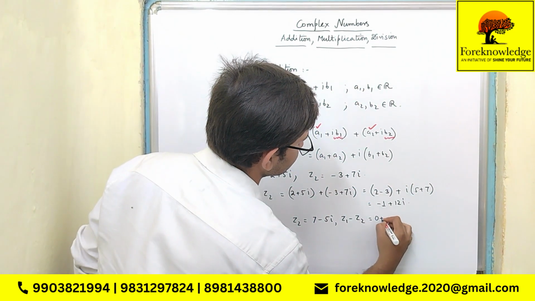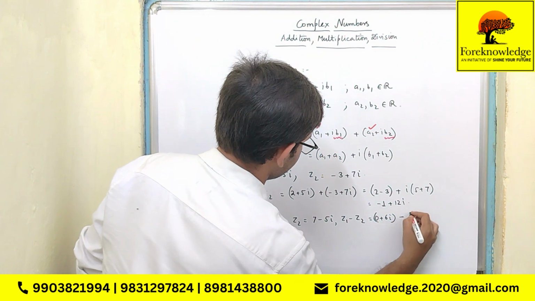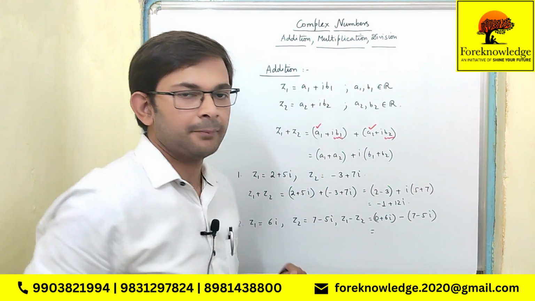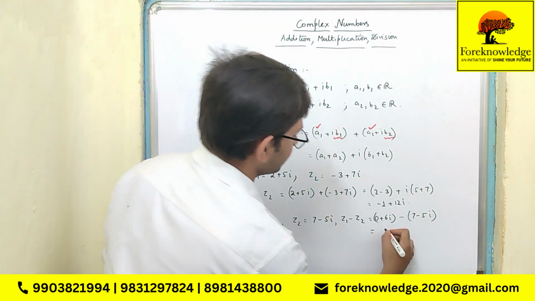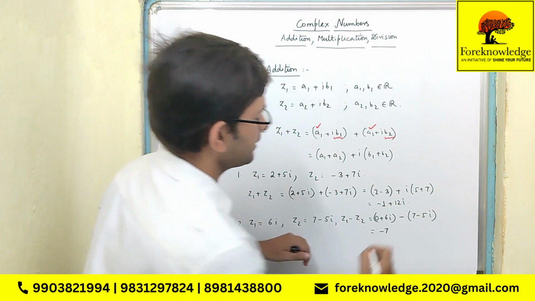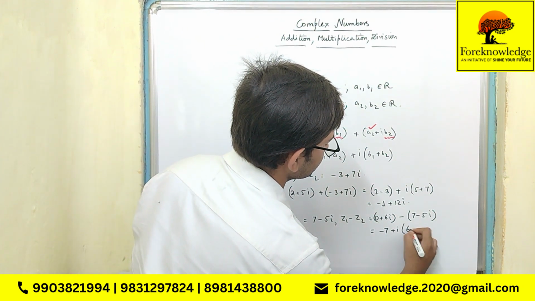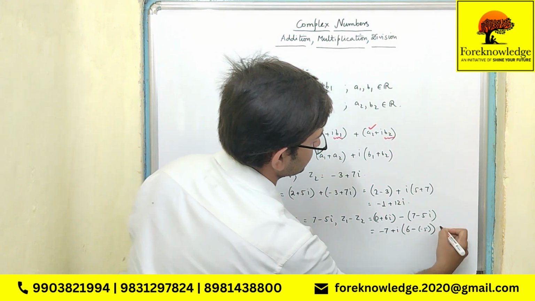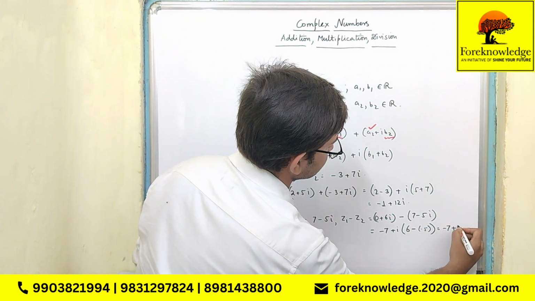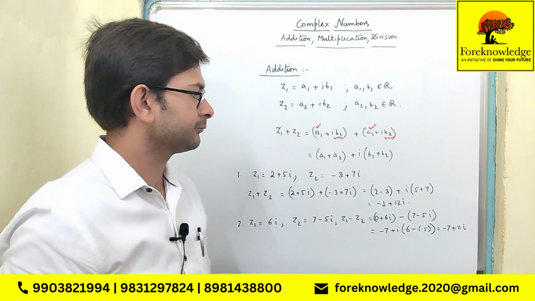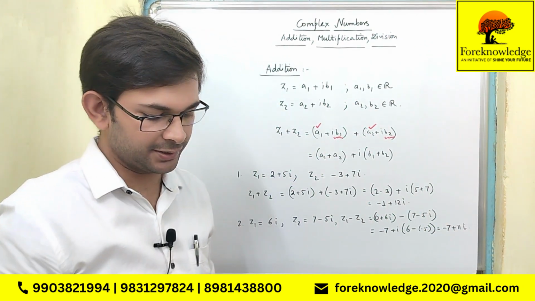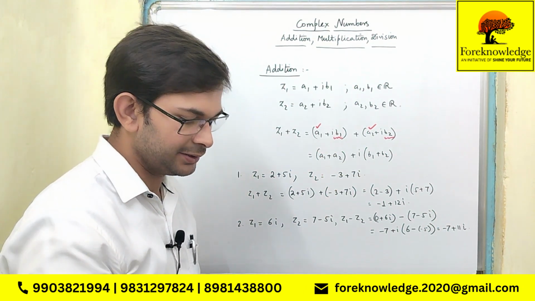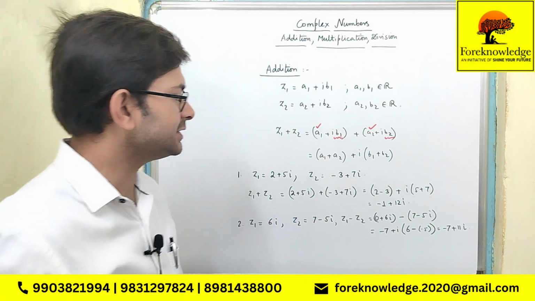So 0 plus 6i minus 7 minus 5i. Component wise subtract: 0 minus 7 is minus 7, plus i times 6 minus of minus 5. That means the answer will be minus 7 plus 11i. As simple as that. That is how we perform addition and subtraction.